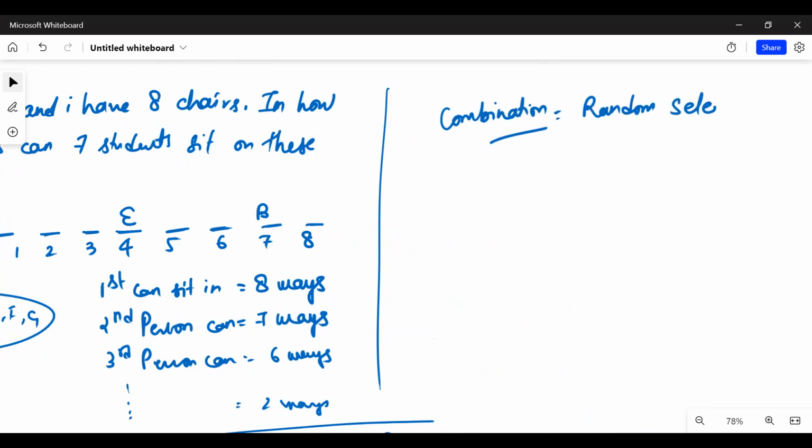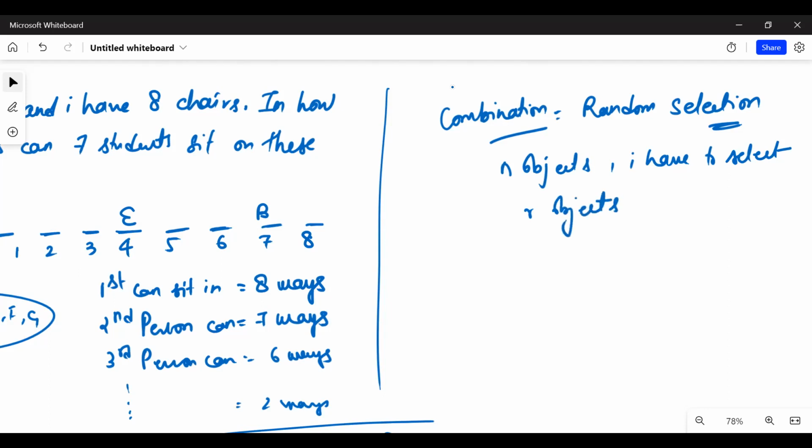If I have n objects, and from the n objects I have to select r objects, then the total objects I have is n, and from n objects I have to select r objects. The number of ways this can be done, in how many ways you can do this, is called nCr. So C here stands for combination.